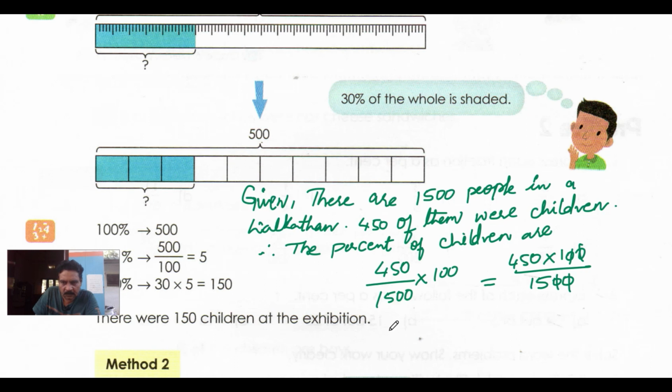Now you got the next step as 450 by 15, right? 15 ones are 15, 15 threes are 45, then this 0 as it is, that is 30%.